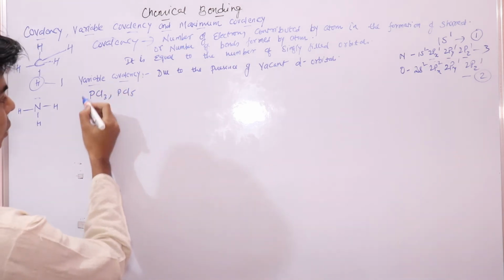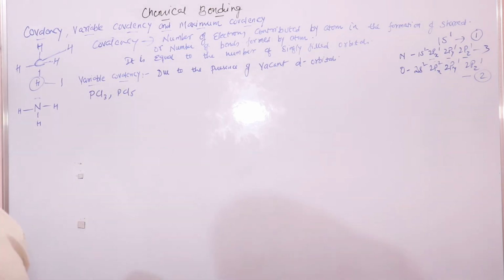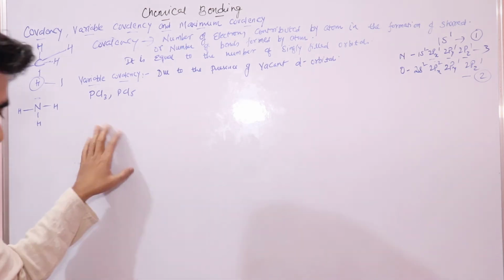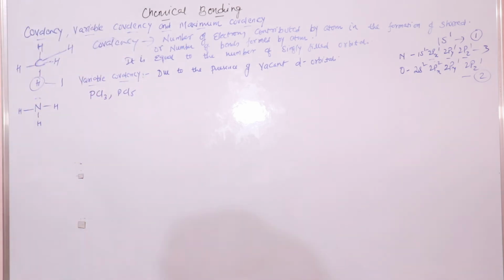So due to the variable covalency of phosphorus, it can form 2 compounds. Let's look at the electronic configuration of phosphorus so that we can see the number of vacant orbitals, because in order to see covalency, first we need to see the vacant orbitals. So let's write down the electronic configuration.